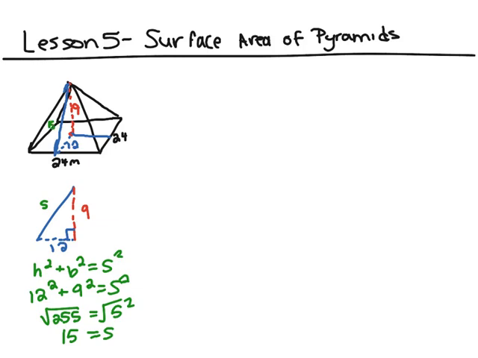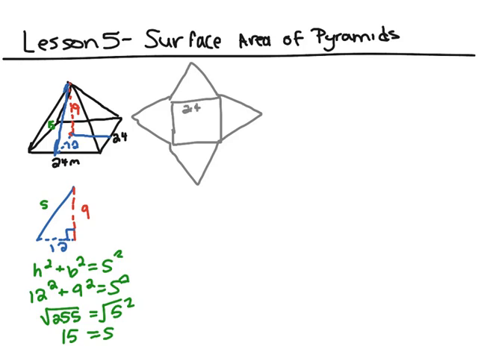So if we were to draw the net, we have a square pyramid, we have all of our equal triangles. This is 24, 24, 24, 24, and all of the heights are 15.